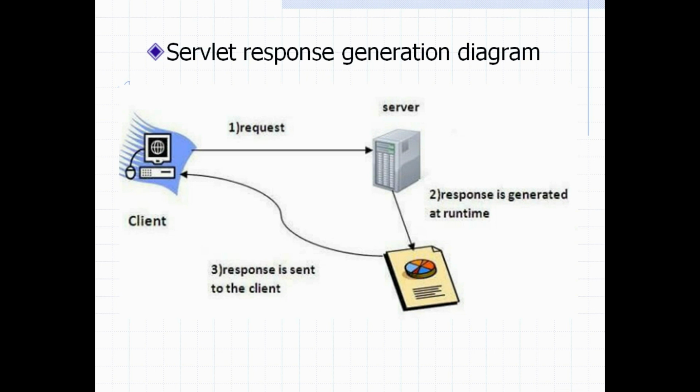For every two middle layers, the request and response definitely take place through the HTTP protocol. Here one servlet program checks all the classes and interfaces regarding the request and response. Based on that, it generates a response at runtime, and then it sends the response to the client. Okay, so that is the response generation.